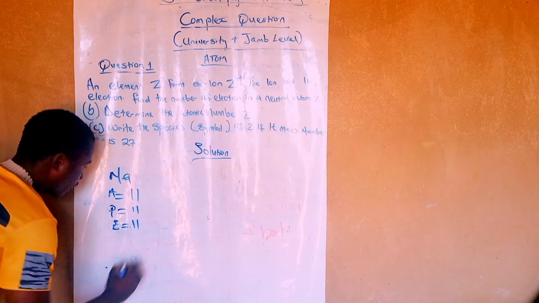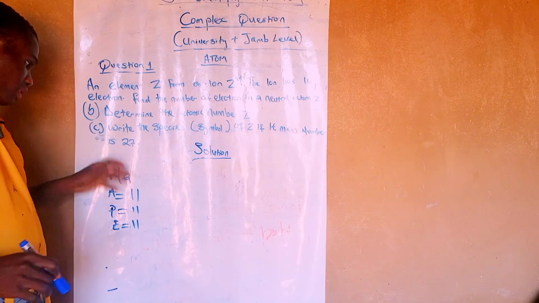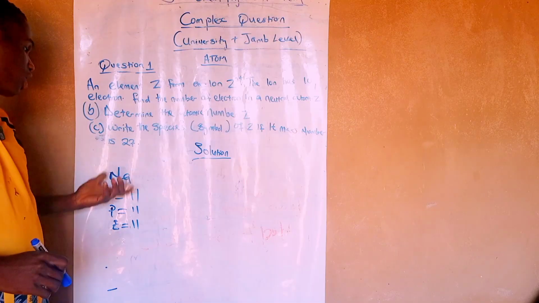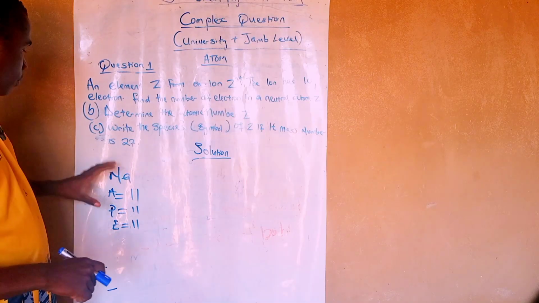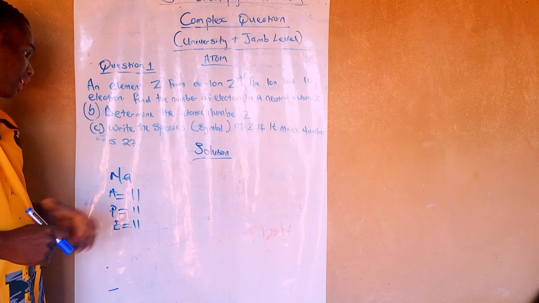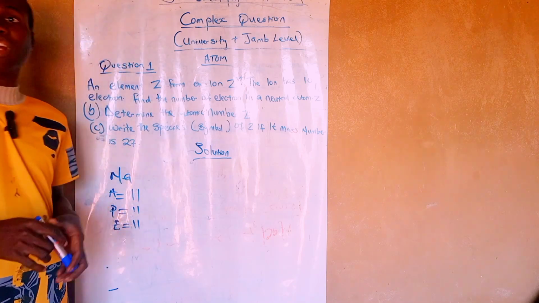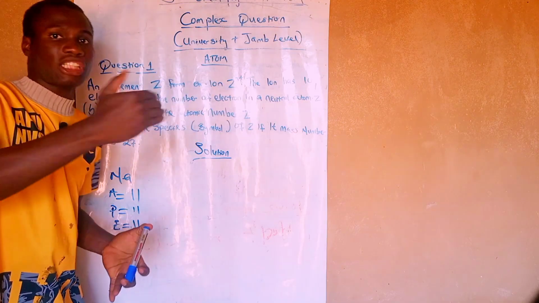Now for sodium, this sodium atom is still unstable. In order for this atom to achieve stability, it needs to give out 1 electron in order to become positively charged.